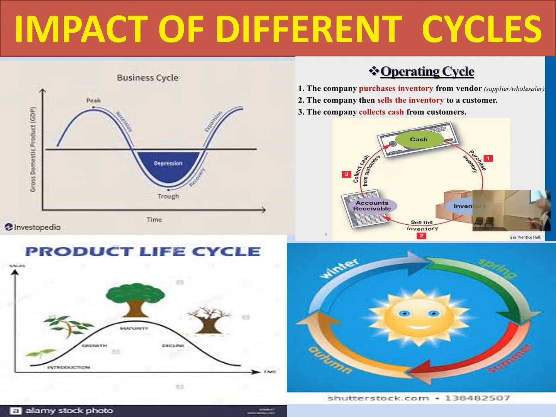Then operating cycle you are seeing, the company purchases inventory from the vendor, the company then sells the inventory to the customer, and the company collects cash from the customer. So during this entire operation cycle, what is the need of the money and at which pace of speed is to be seen.